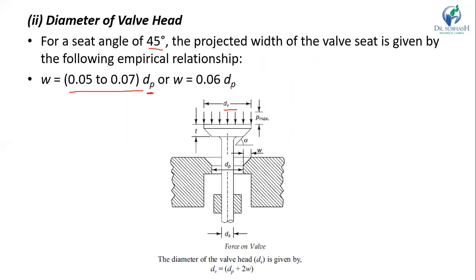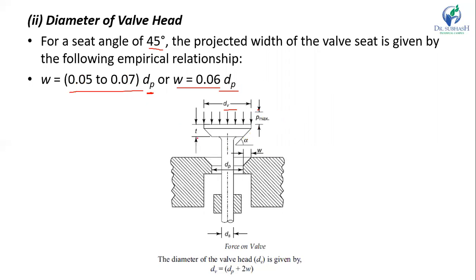Therefore, by taking the mean value, W is equal to 0.06 dp. Also, P maximum is the maximum gas pressure here.